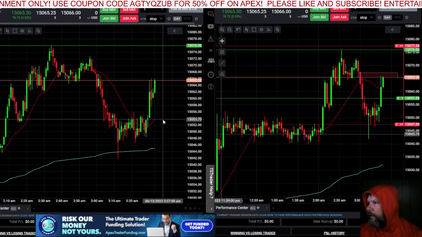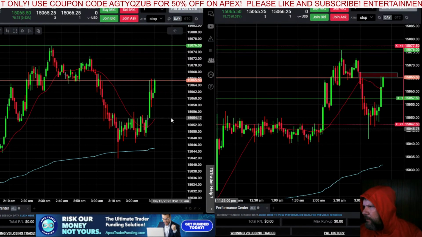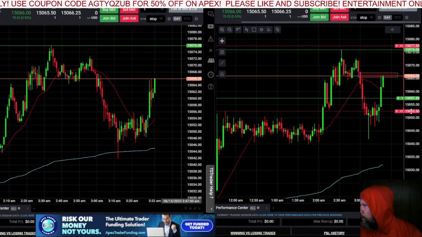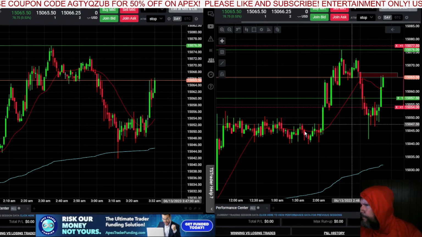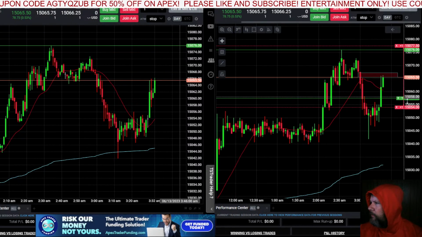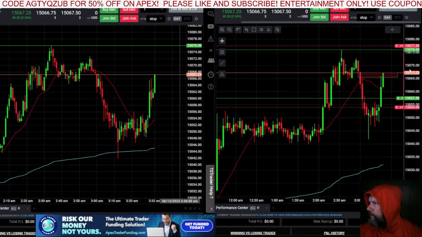All right, like I said, I'm not in love with this setup because of the fact that it did not sweep that liquidity below. So that being said, this entry is not very aggressive, if you get what I'm saying.